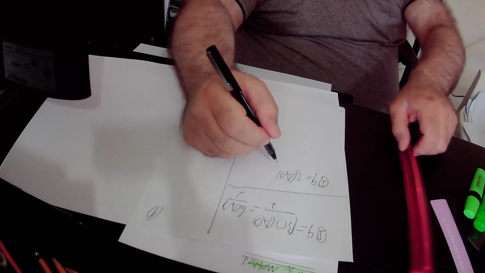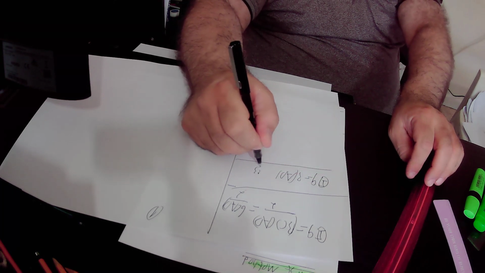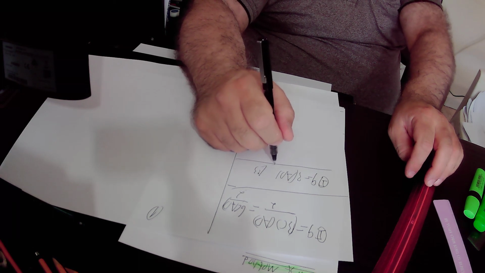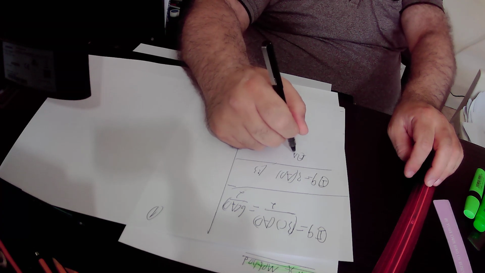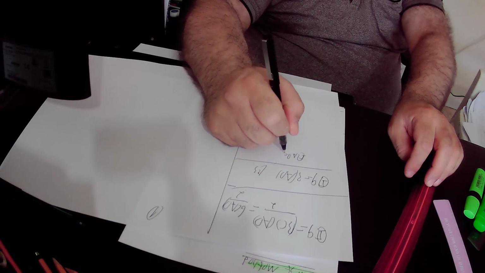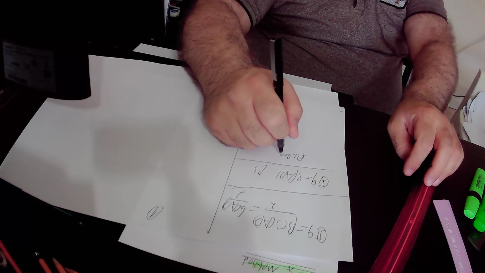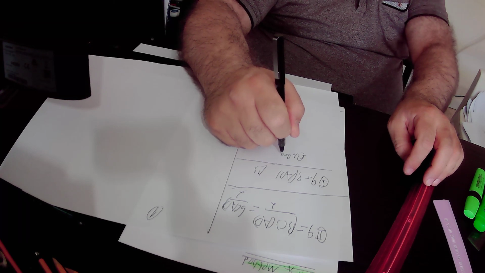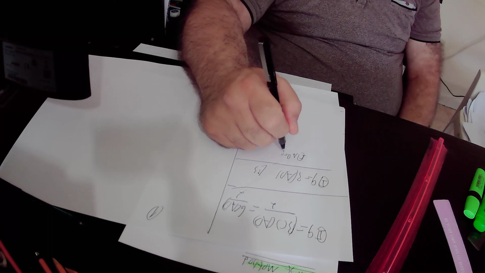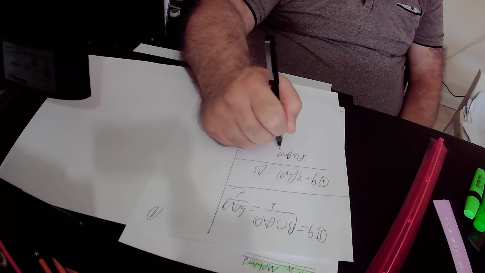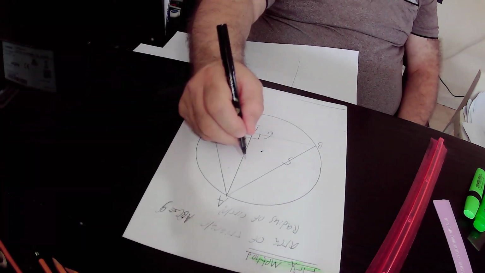Here we divide equation number 1 by 3, and we get that AD equals 3 units. You can write here that AD equals 3 units.